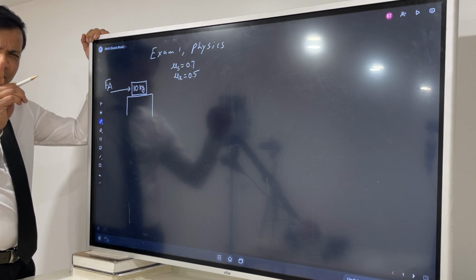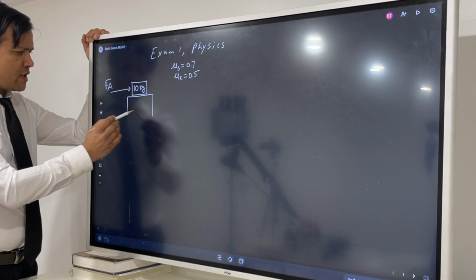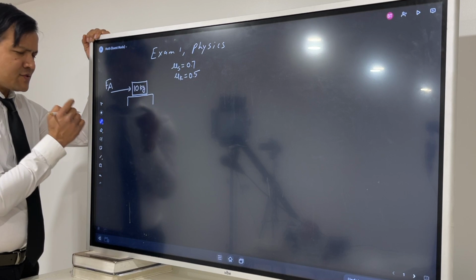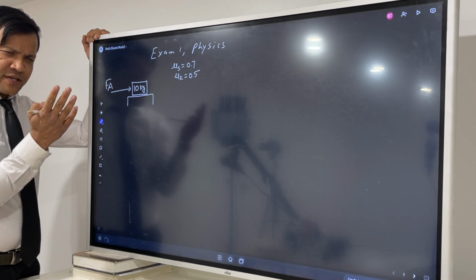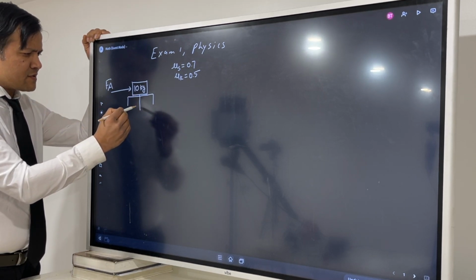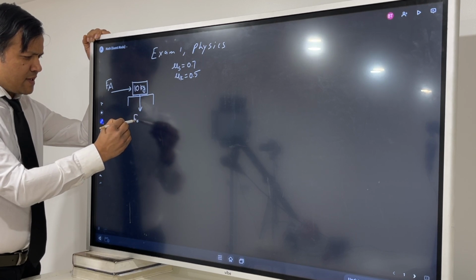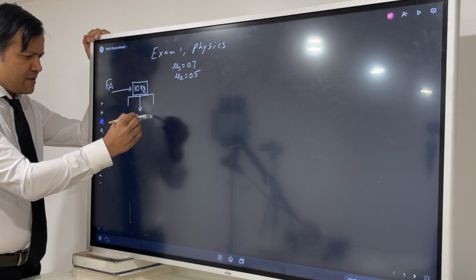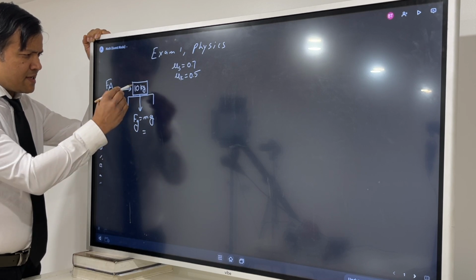First, we're going to find the weight of this box. Let's draw the free body diagram in the y direction. Of course, weight would be mg.